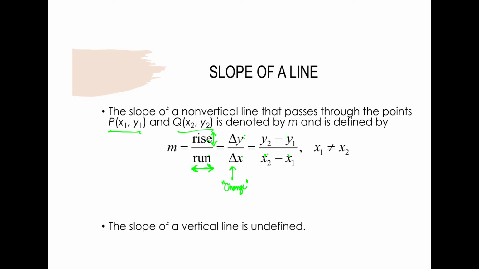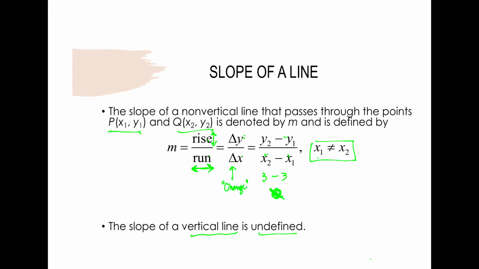It's the distance between those points. Now, this little side note shows us that x cannot be the same value, because if x is the same number, so let's say both x1 and x2 are 3, this would give me 3 minus 3, which is 0, and we can never have a 0 in the denominator. And so that's why we have the undefined nature of a vertical line.